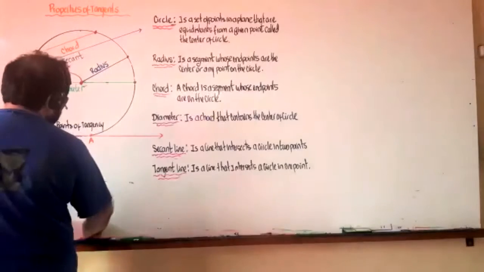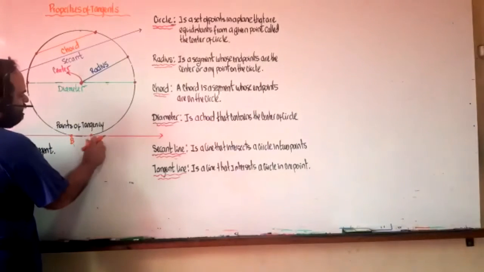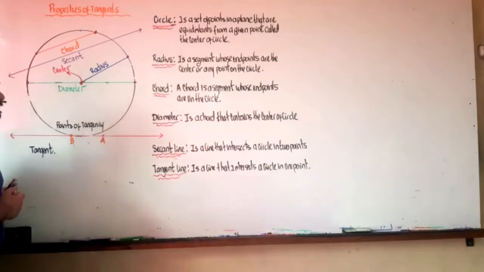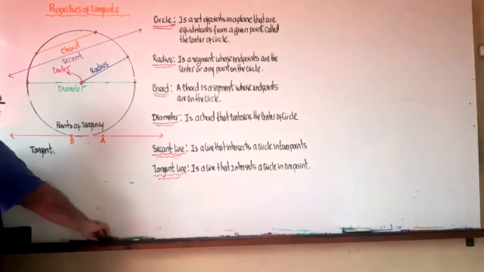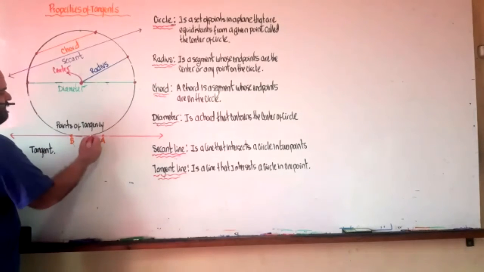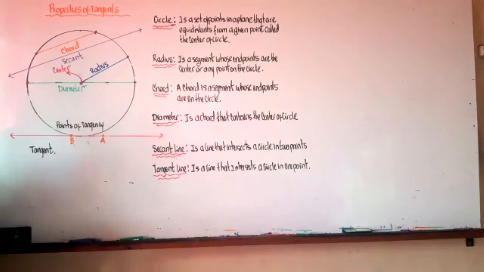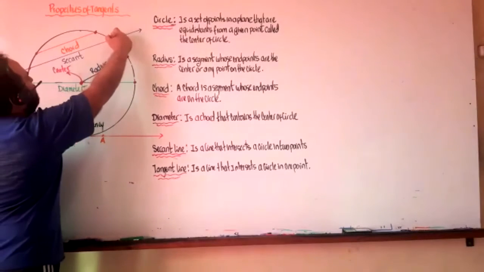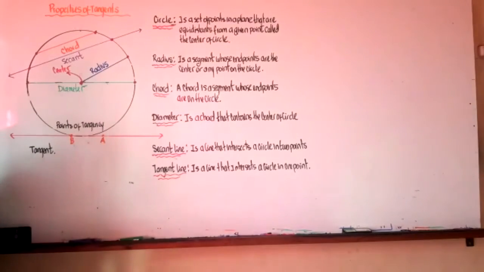Actually, this point will be located over here. I don't know if you can see the difference between them. So the secant line is an infinite line, but it intercepts 2 points of the circle, one here and one here. And the tangent line, not precisely, could be downward, could be upward, could be down on both sides.